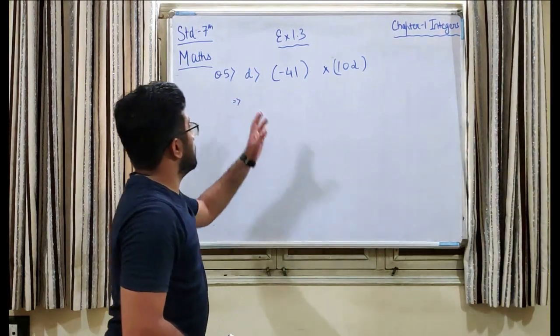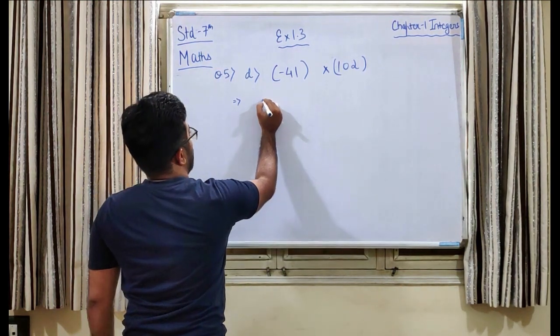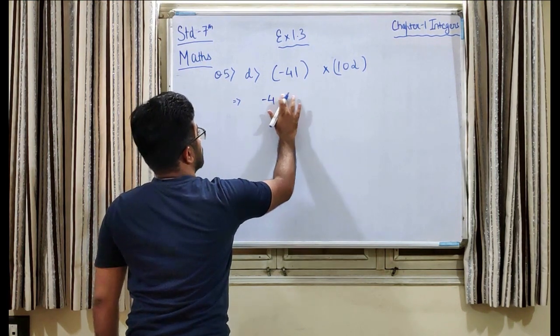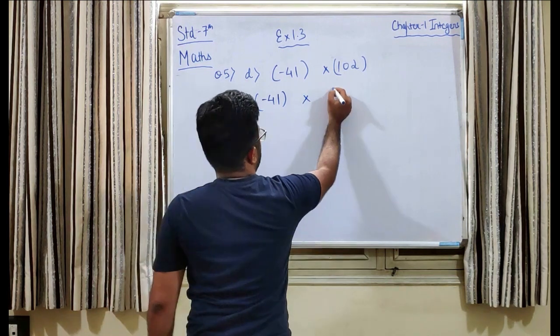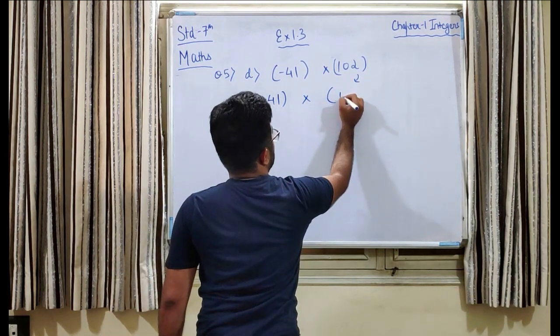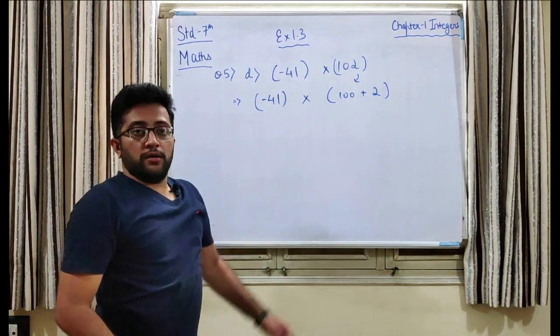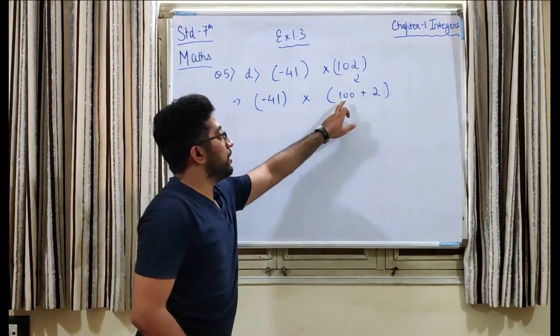So continuing with D, that is minus 41 into 102. In order to use an appropriate property, we will convert 102 into 100 plus 2.